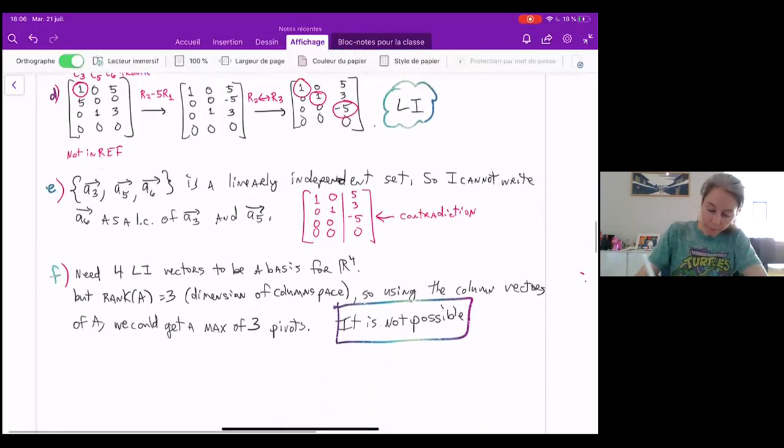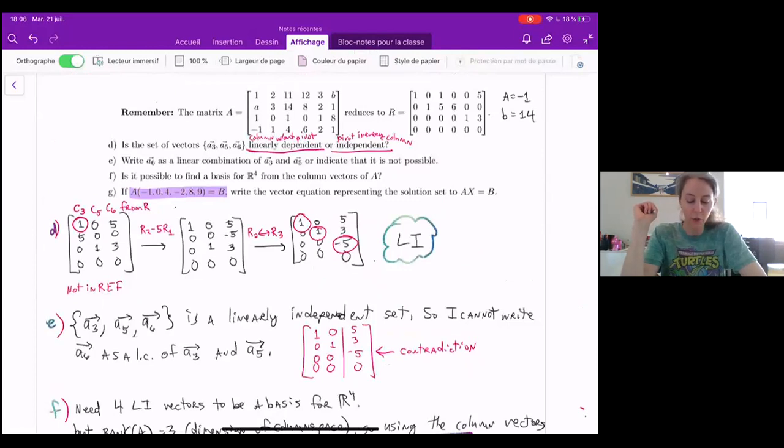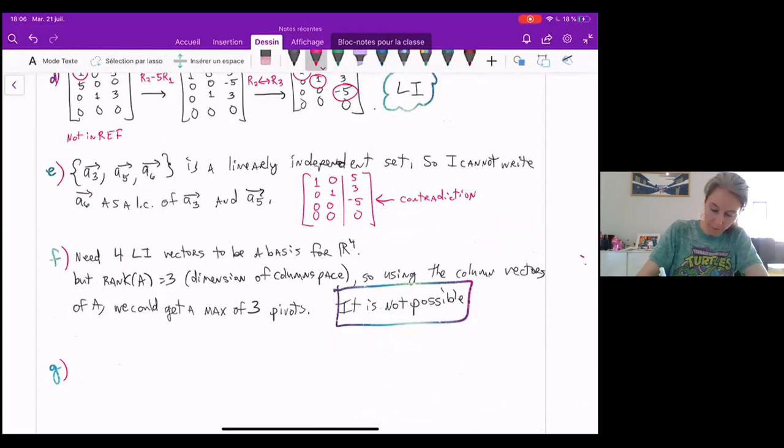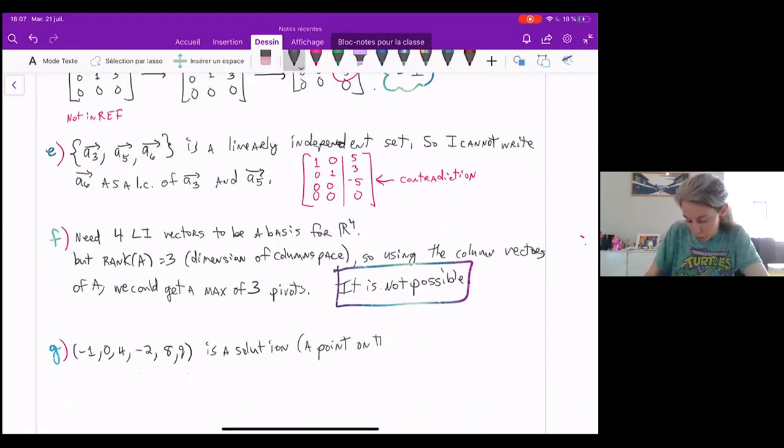So for G here, we are told that A times -104, -289 equals B. What that tells me is -104, -289 is a solution, a point on the solution set to AX equals B. So to find the solution to AX equals B, we just add it to the null space.